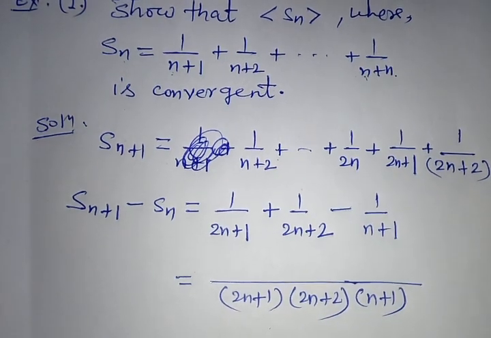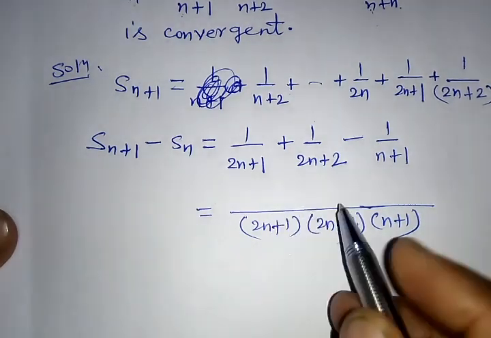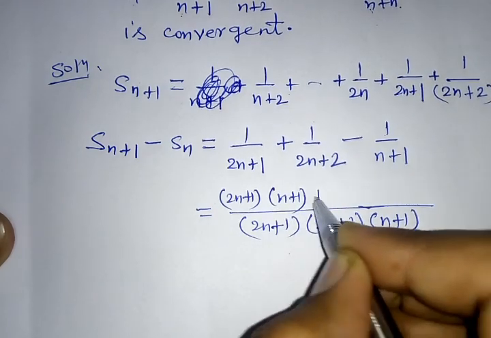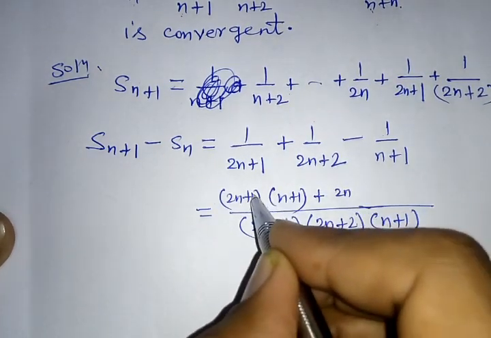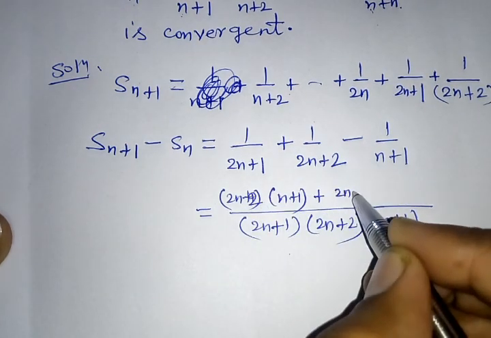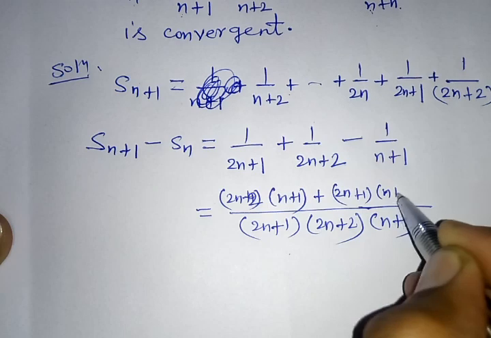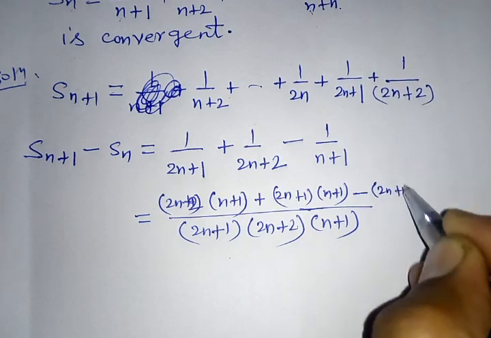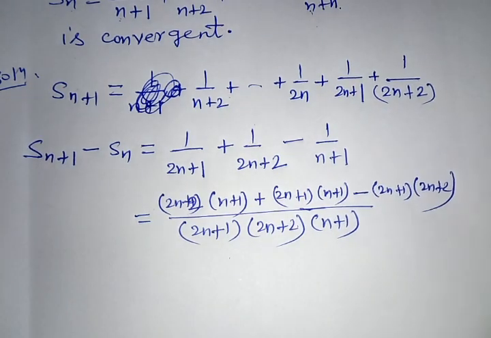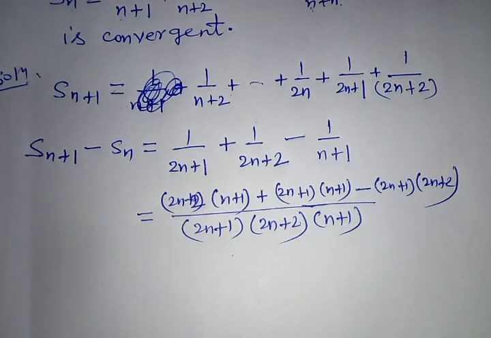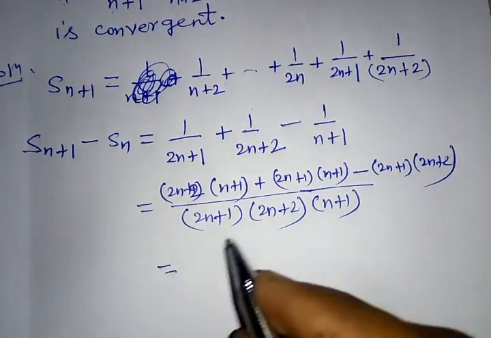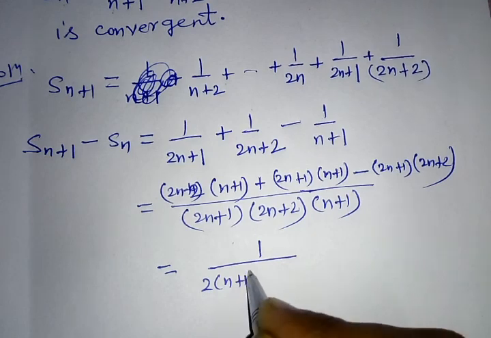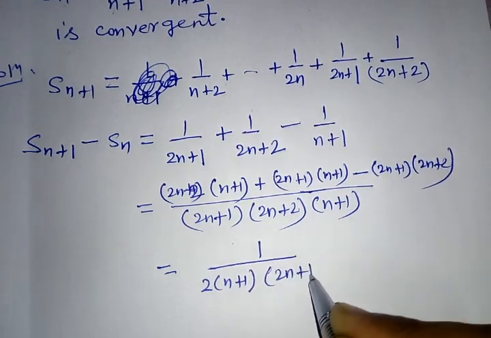Okay, so on simplification we get here 2n plus 1 into n plus 1 plus 2n plus 2 into n plus 1 minus 2n plus 1 into 2n plus 2, and on simplifying this, what I get, there will be 1 upon 2 into n plus 1 into 2n plus 1.